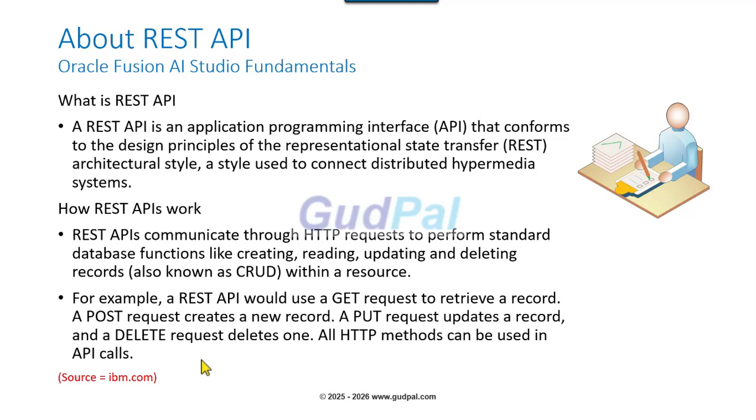Within Oracle Fusion applications, Oracle has provided what you call REST API endpoints for different transactional process flows and different base setup related processes. For example, a transactional process flow could include creating a requisition, updating a requisition, creating a purchase order, updating a purchase order, or fetching requisition records or purchase order records, and so on.